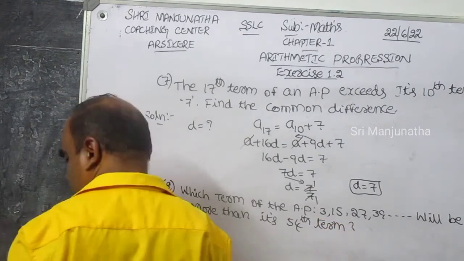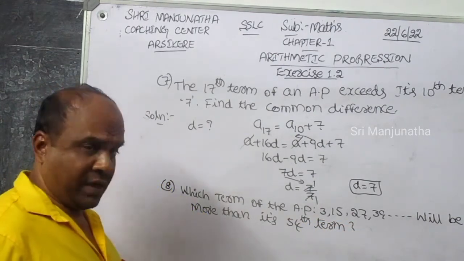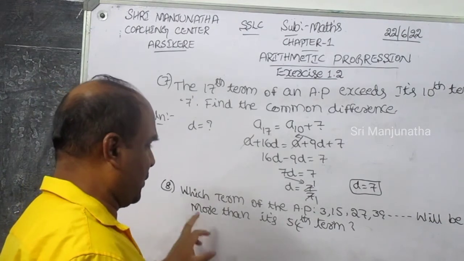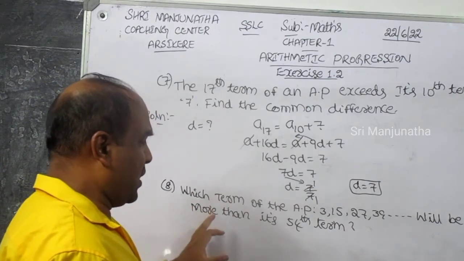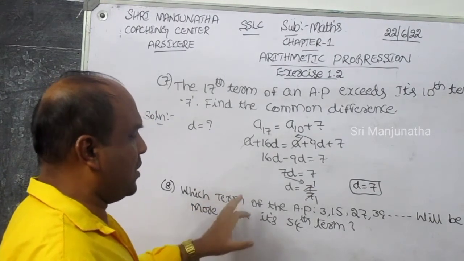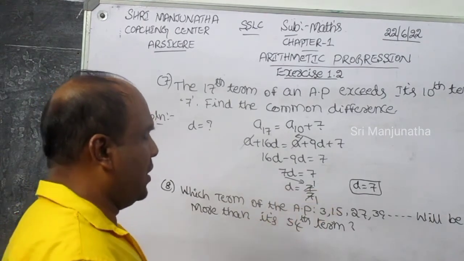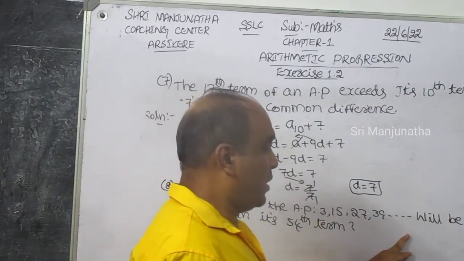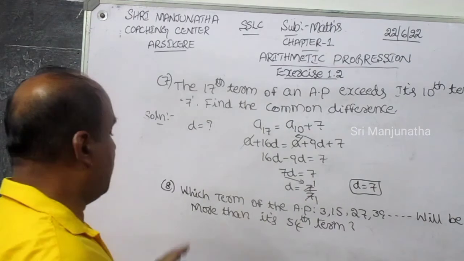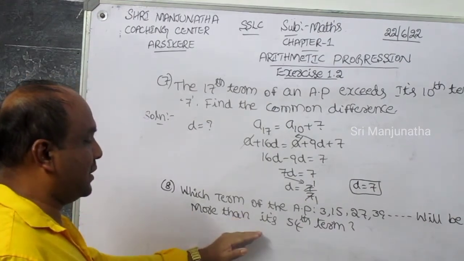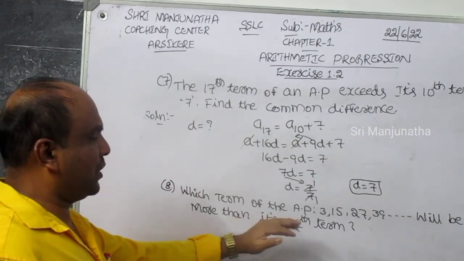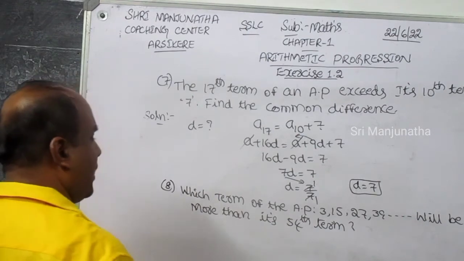Okay, it is a problem. Once again, I have to read the problem. Which term of the AP 3, 15, 27, 39 will be 132 more than its 54th term? Okay, I have to find it.